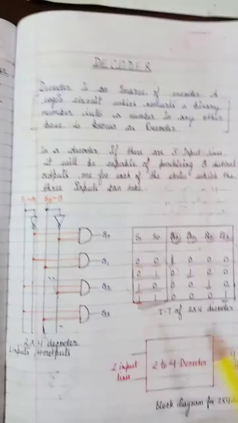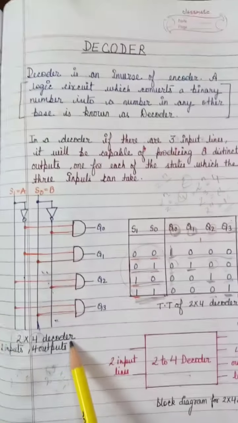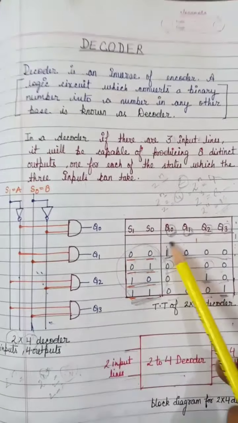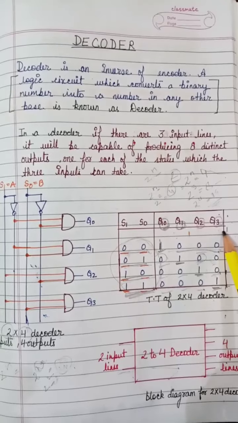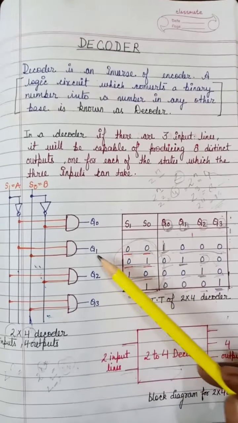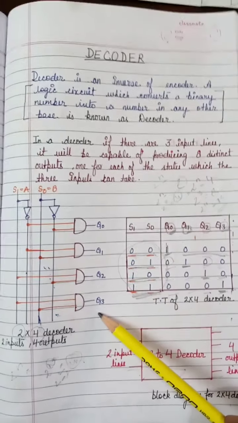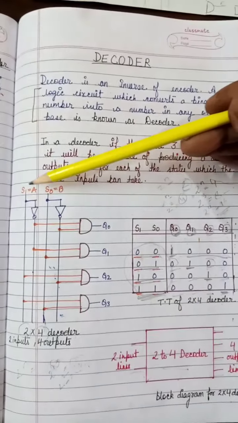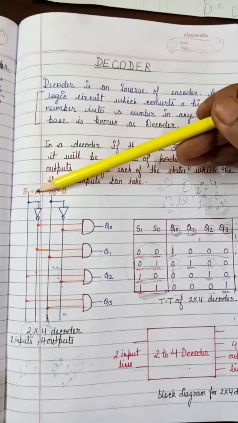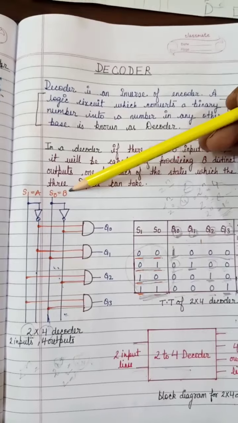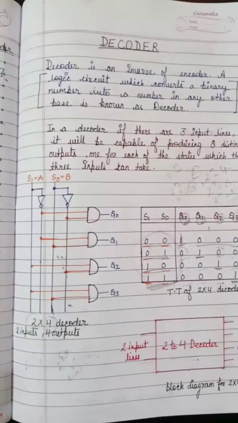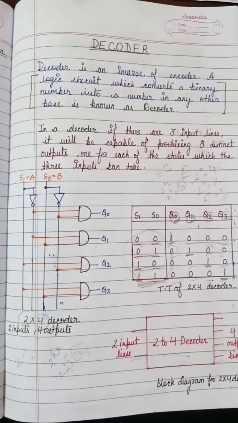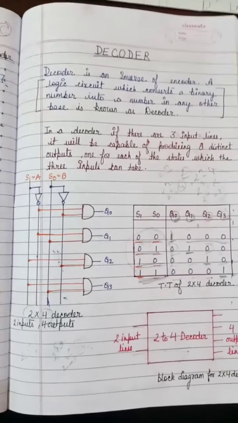Now come to the logic diagram. These output lines will be represented by Q0, Q1, Q2, Q3. Two input lines, S1, or you can say A, and S0 or B also. So there will be two lines.